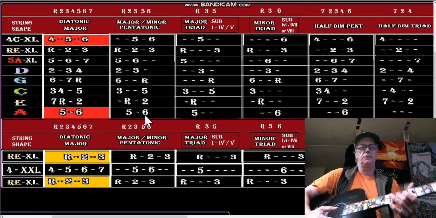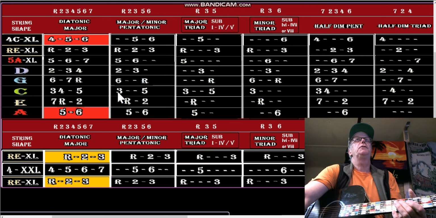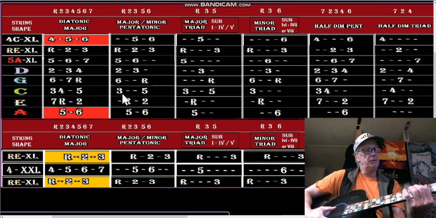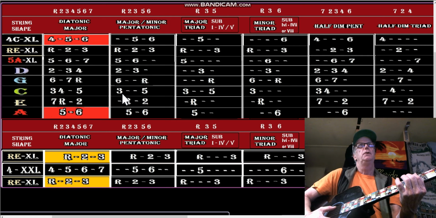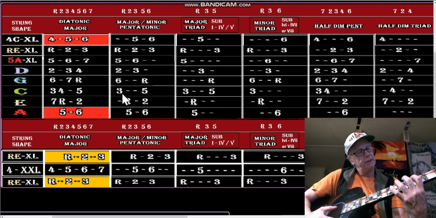There's your dominant 7th. But if you start it, let's look at these 3 strings: 3, 5, 6 root, and 2, 3. If we start down here on 3, which is E, the 3rd of C, right? We get our E minor pentatonic.